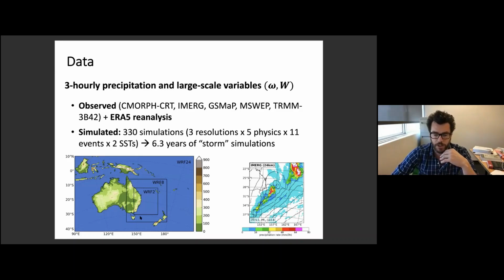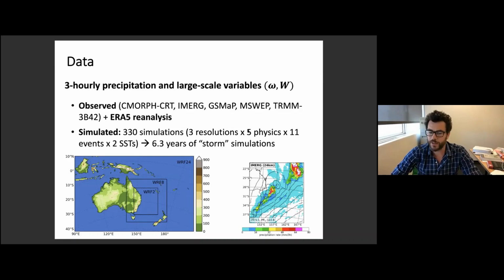Then we have a second nesting at 8 kilometers that you can see there in the figure, and a 2-kilometer nesting inside the WRF 8. And of course, the comparison among all the data sets is going to be made in a domain that is included in all 3 simulations.